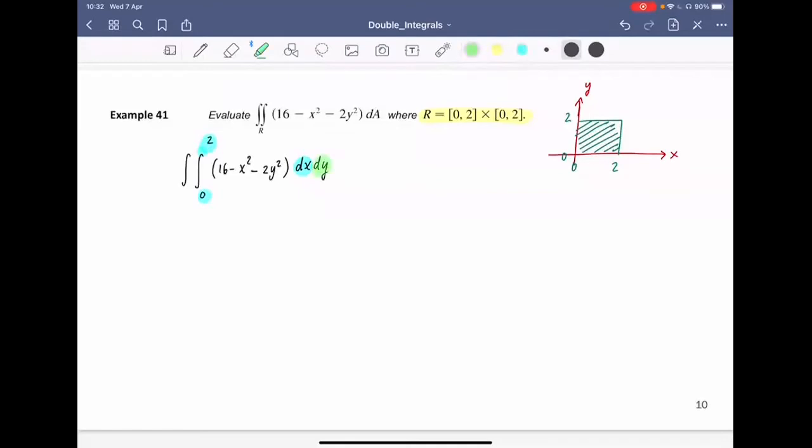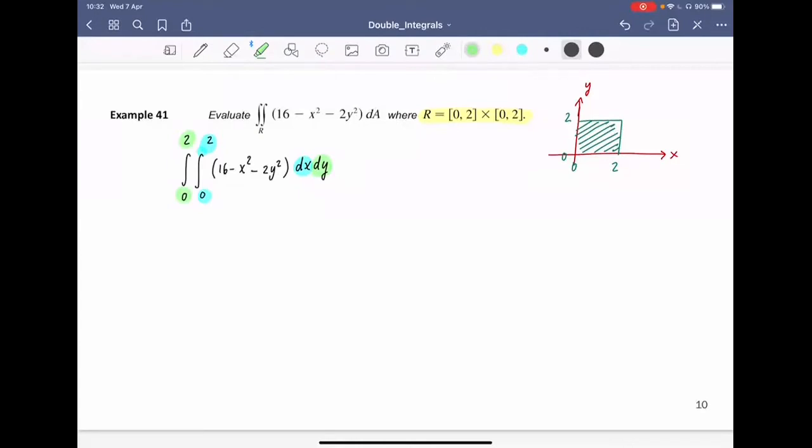And then y, you integrate from 0 to 2 as well. In this question, you are lucky that the numbers are the same, so you have no confusion about the boundary. But if the rectangle is not 0 to 2, you have to be careful about the boundary. You cannot switch it.